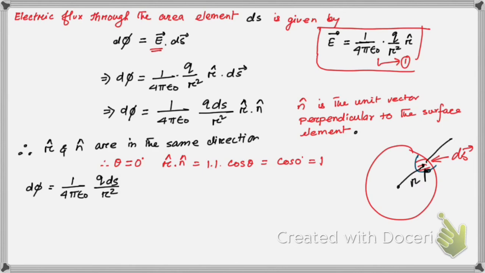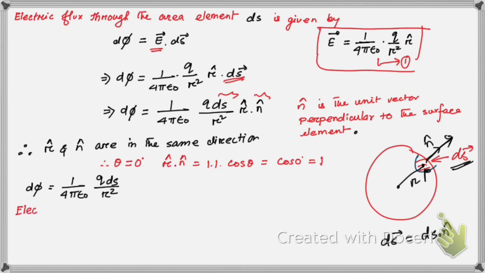And this is the area vector. Along this we have taken n cap, the unit vector along the area vector, that ds vector, right? So ds vector will be equal to what? ds dot n cap, right? So that is what we have used here. Instead of ds vector we have used ds n cap, right? So hope you have got it, and let me continue from here.